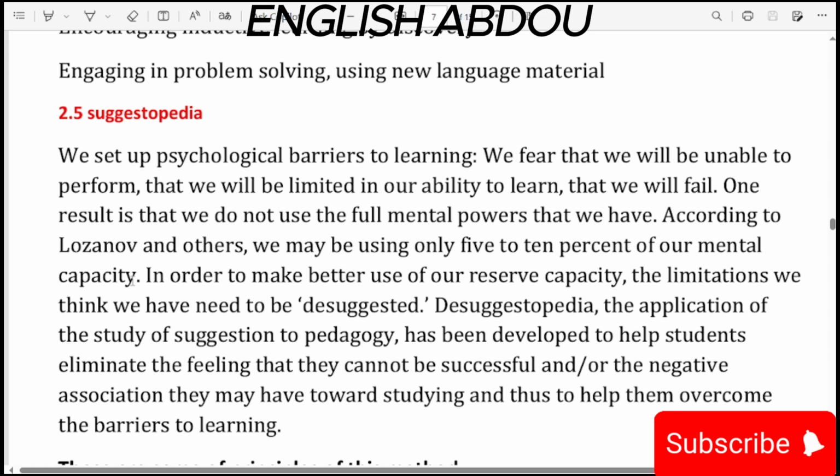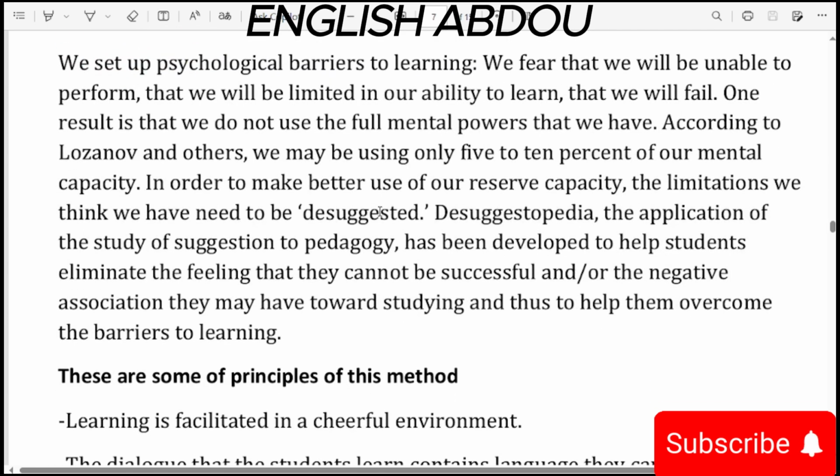We fear our teacher, we fear inside class, we fear our classmates laughing at us, etc. That's why there is also a limitation of our power and our focus when we are inside class. We have just the first 5 minutes.